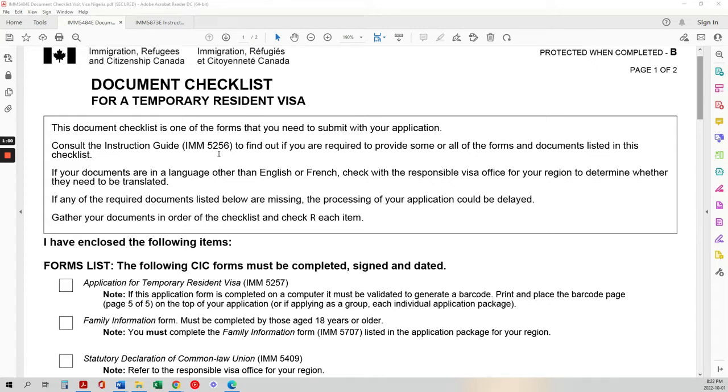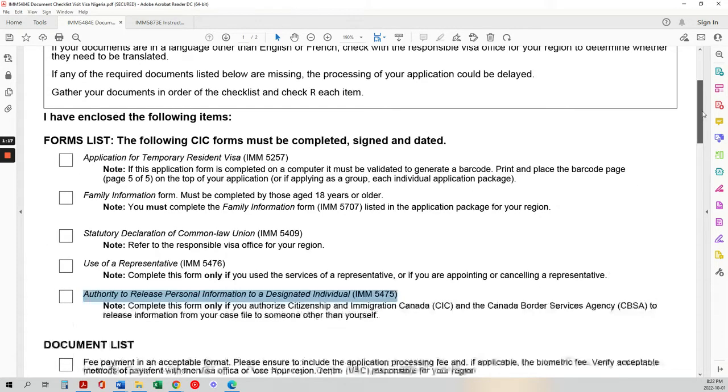Okay? If any of the required documents listed below are missing, the processing of your application could be delayed. Okay? Gather your documents in order of the checklist and check each item. Okay, so let's go through this list.